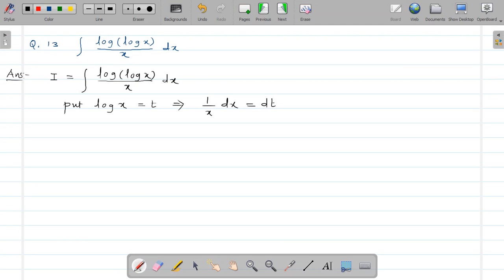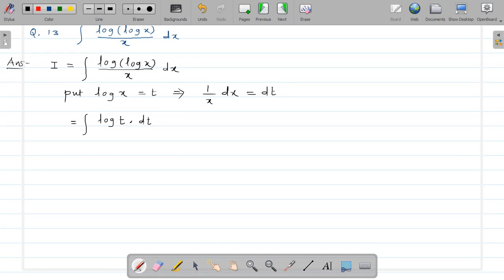Now by this substitution we get the integration of log of, now log x means t, into 1 upon x dx, which means dt. So the given integration is converted after the substitution into integration of log t dt. Now to integrate log t, as we know, we have to integrate this by using the by parts rule.